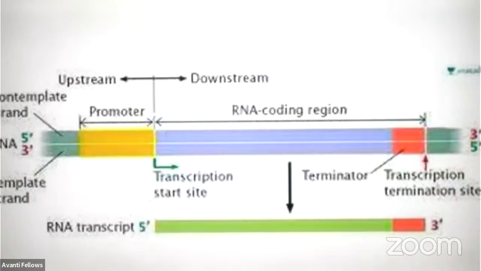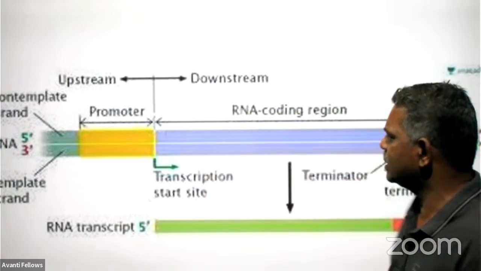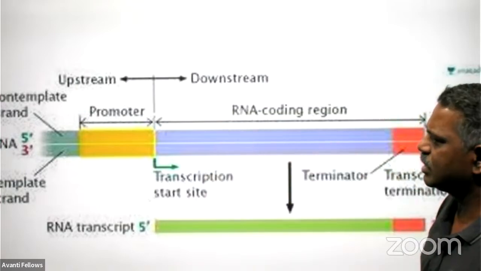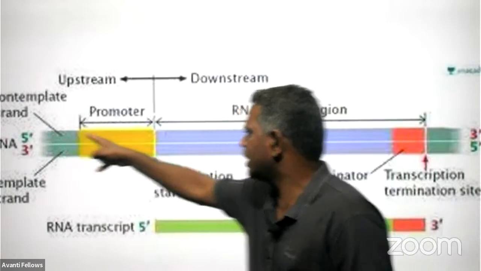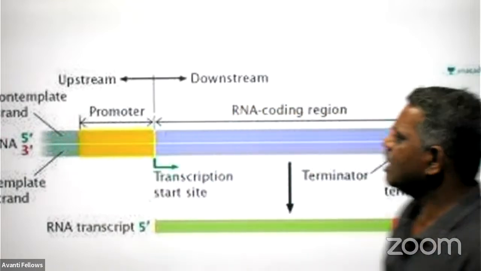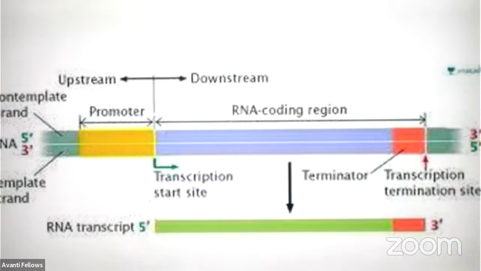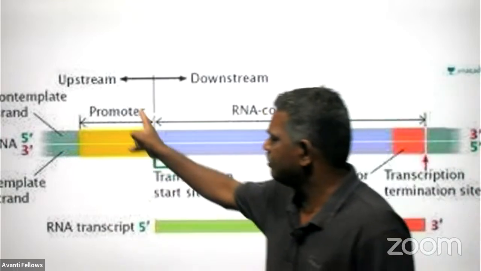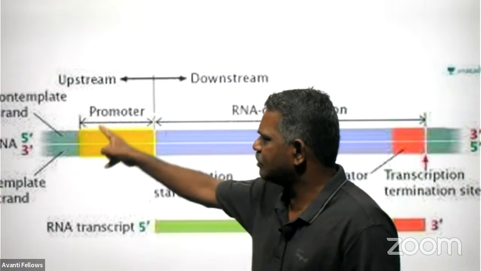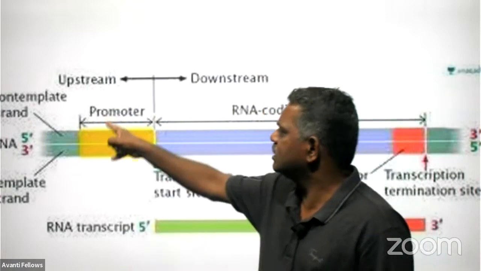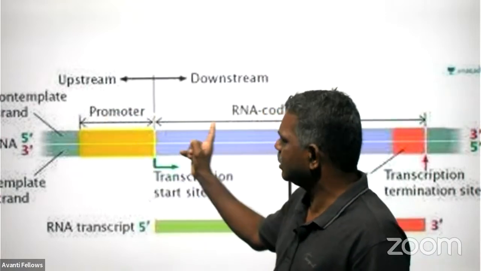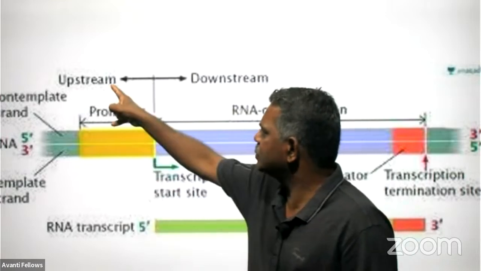Another diagram is here. This is the length of the DNA having two strands. You can see it is double-stranded. One is running from the 5' to the 3' end, and the other one from the 3' to the 5' end. And here we can find the promoter in the upstream position of this coding strand or the newly constructed RNA, upstream only.